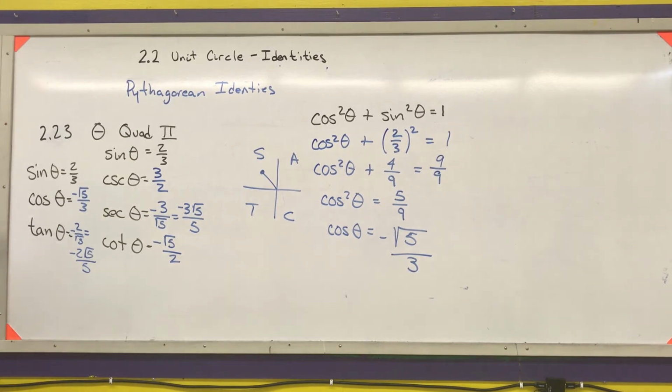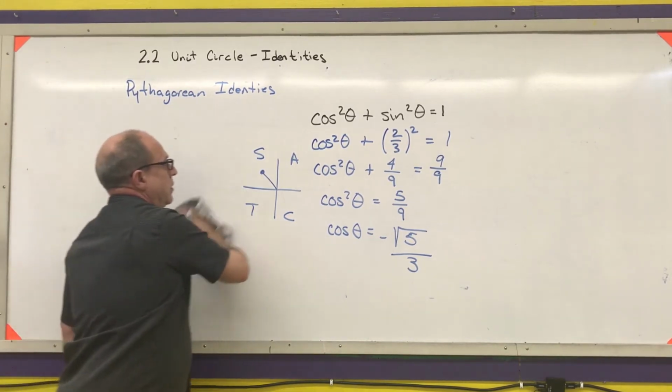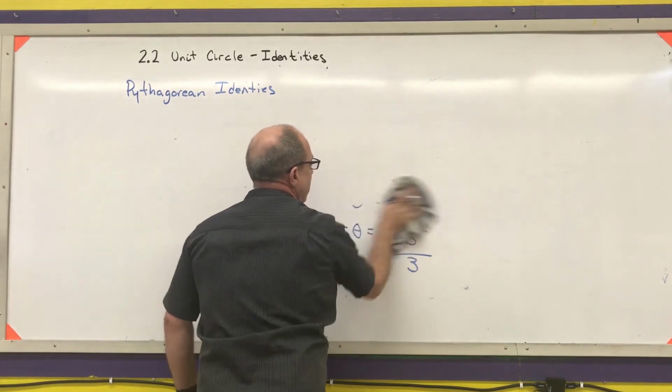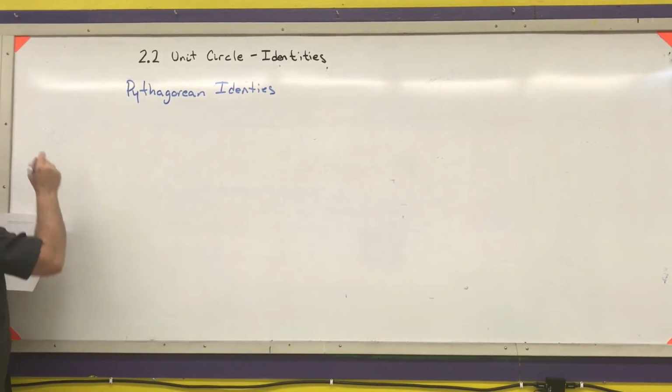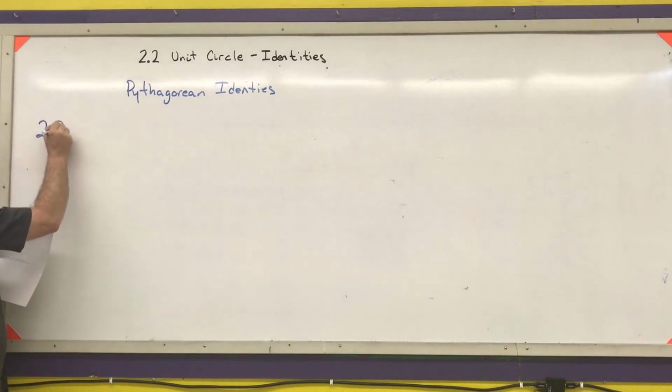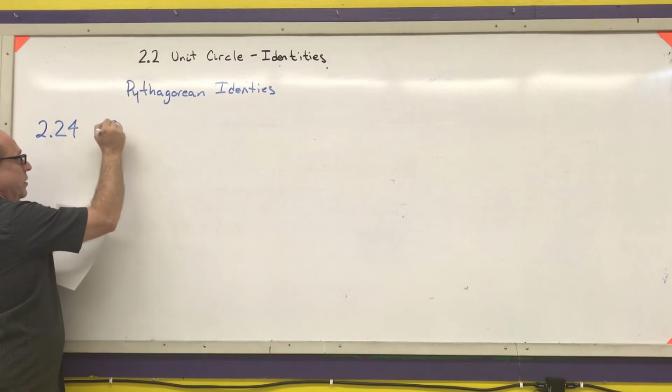We're going to do the same type of work with examples 24 and 25. Okay, 24. It's quadrant 2 again.